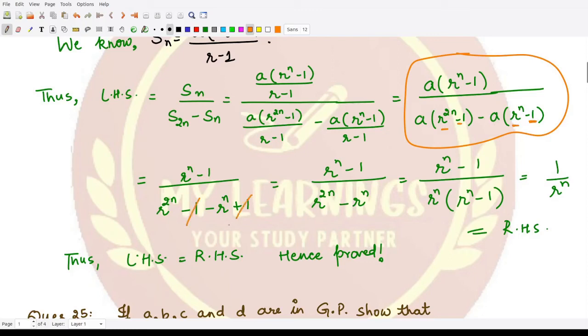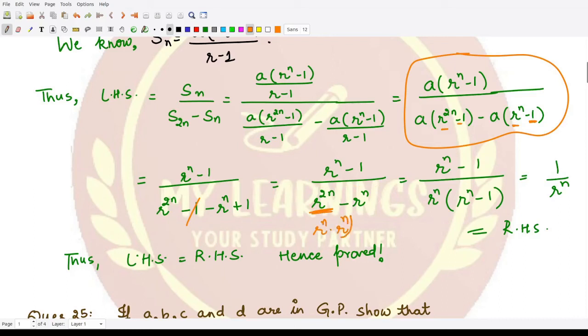This minus 1 and plus 1 would be cancelled, so the numerator stays as such, and you would be left with r raised to power 2n minus r raised to power n in the denominator. Now from the denominator you can take r raised to power n as common, because the first term could be written as r raised to power n into r raised to power n.